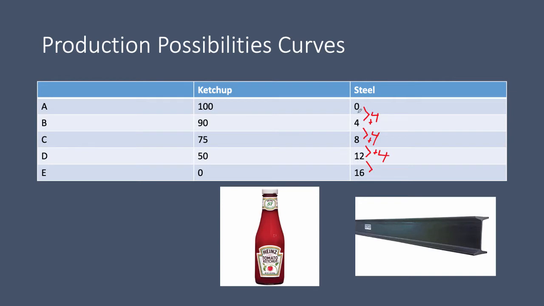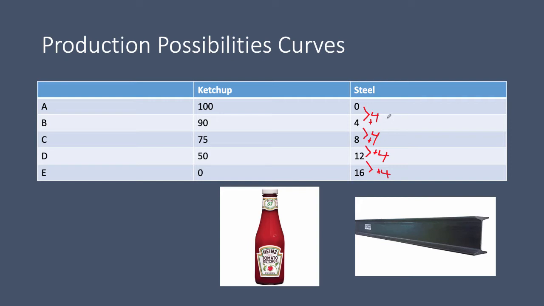So as we go from option A to option B, we get 4 more units of steel. As we go from option B to option C, we get 4 more units. We had 4, now we have 8. Then we had 8, now we have 12 as we go to option D. And as we go to option E, we get 4 more. So every time we move from one point to another, we get the same amount of steel.